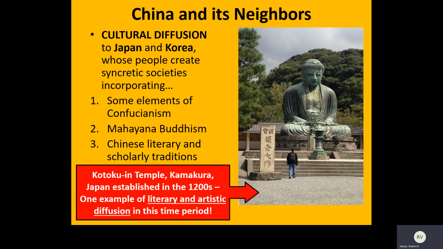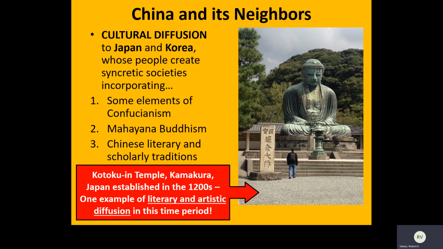No wonder China had such influence, as it had in earlier centuries too, on its close neighbors, especially Vietnam, Korea, and Japan. So let's pay attention a little bit to China and its neighbors here, and how this was one of the key examples of cultural diffusion in our 1200 to 1450 time period.